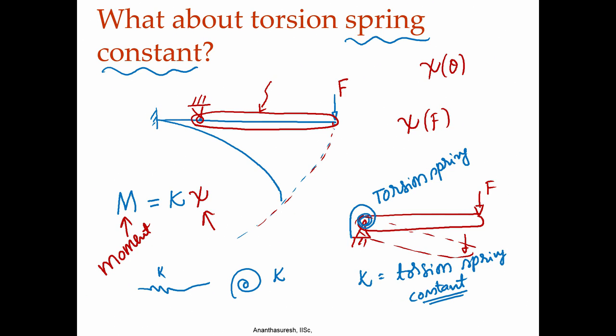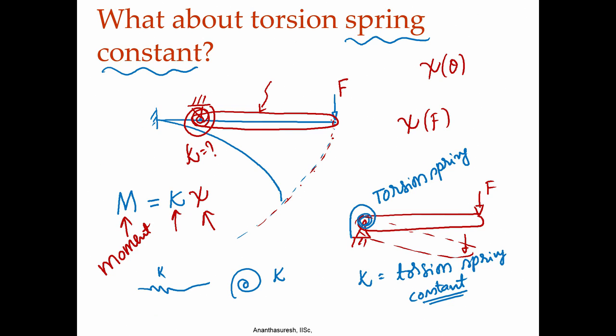What about the torsion spring constant? If I replace a cantilever beam with an equivalent rigid body that is a little shorter, and put a torsion spring over here, what is this kappa? First of all, is it linear like this, meaning that at different points, is this spring constant the same value? Does it remain constant?